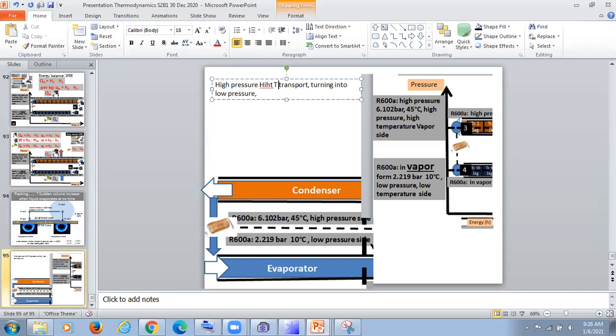High pressure, high temperature. Transport turning into low pressure, low temperature as well. If you can understand this very well, you have to think a bit. If you can understand this, you are done.